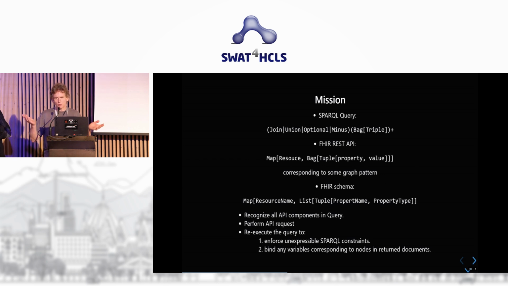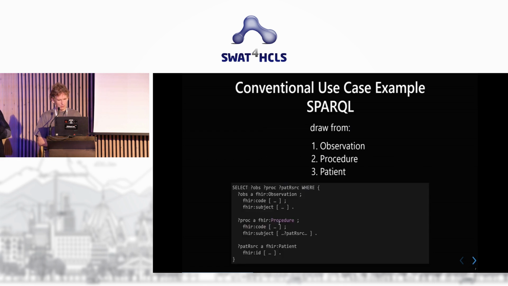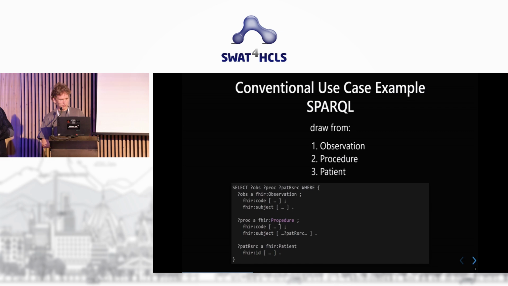Anything complex, the REST API isn't going to support, so we have to re-execute the query in order to actually enforce all the semantics that were in the original user's query. And then at that same time, we're also binding all the variables, which will allow us to make queries over the next observations that are implicit in this series of resource requests.